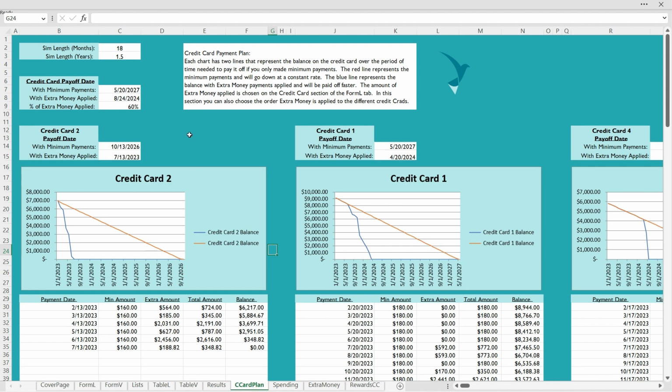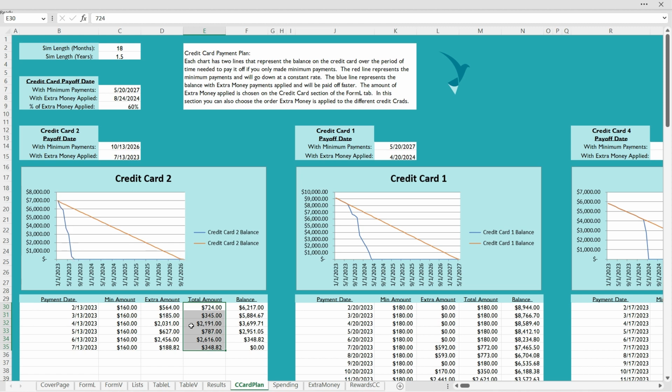The credit card plan tab is going to show you all the payments to your credit cards. Right, so here's the minimum payment that was originally applied, and that's the red line here. The extra amount that was applied, we're paying off credit card 2 first. So this is the total amount in those payments, and that would be the blue line here.